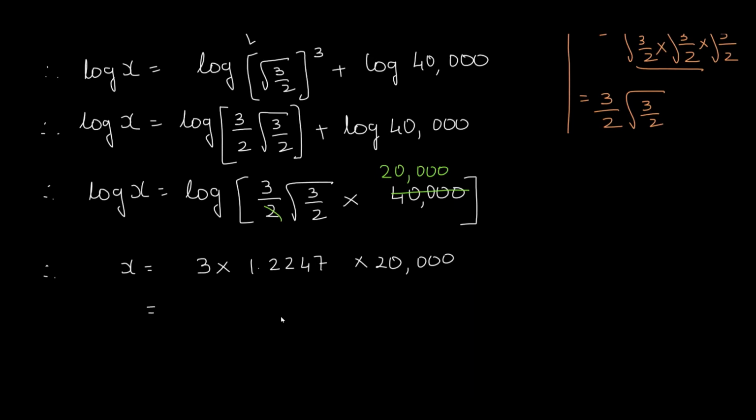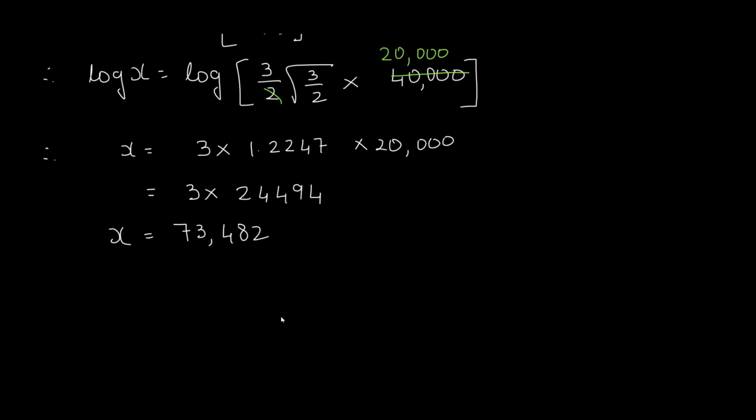We go stepwise. 1.2247 into 20,000 gives 24,494. Just multiply and see. Then when we multiply this number with 3, we get x as 73,482. So this is the population after 60 years.